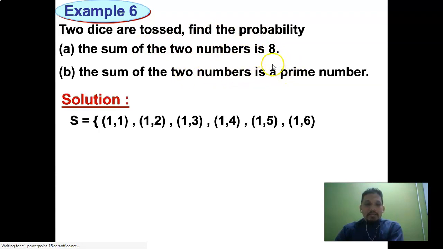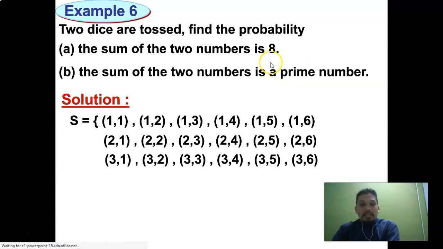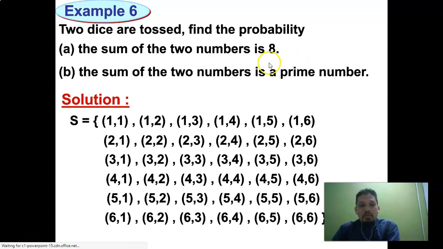Okay. So then again, let's see all the results when two dice are tossed together, or we toss two dice one by one. So it's all the possibilities that will appear, from 1, 1 until 6, 6, then n equal to 36.